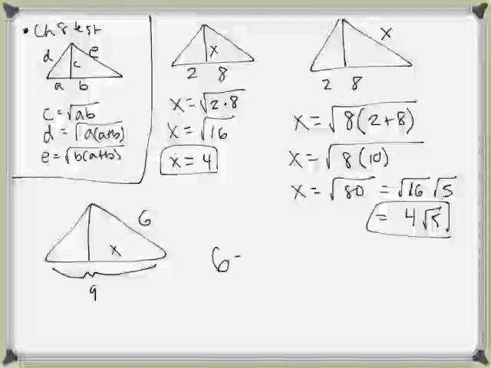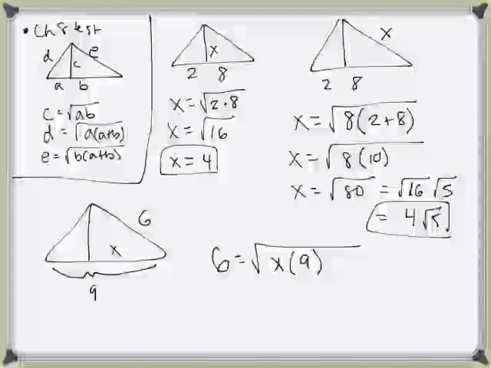So E is 6 equals the square root of B, which is x, times A plus B. What is A plus B? 9. A plus B is the whole bottom of the triangle. So I don't know what A is and I don't know what B is, but I know that together they make up the bottom of that triangle, which is 9.